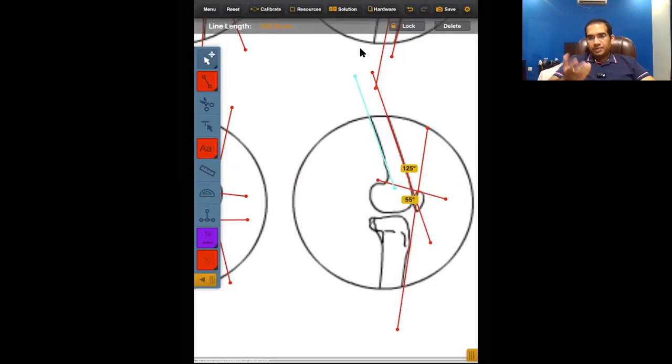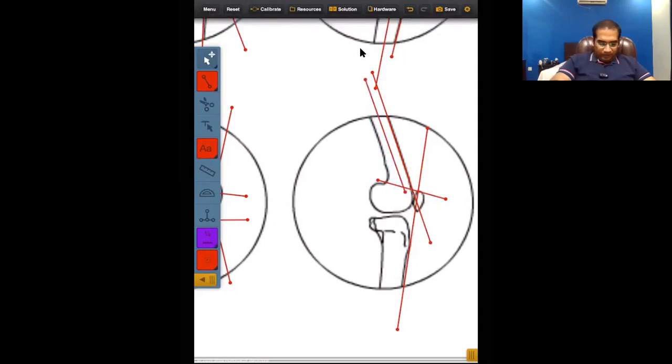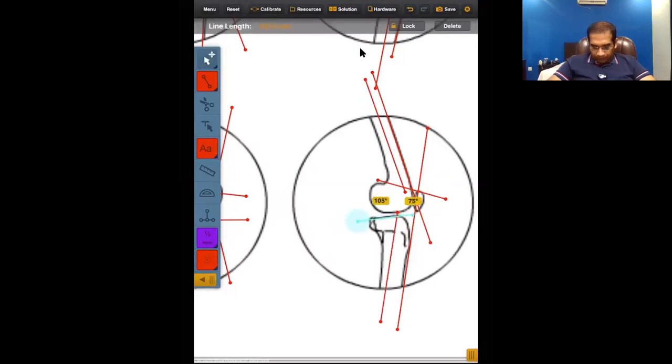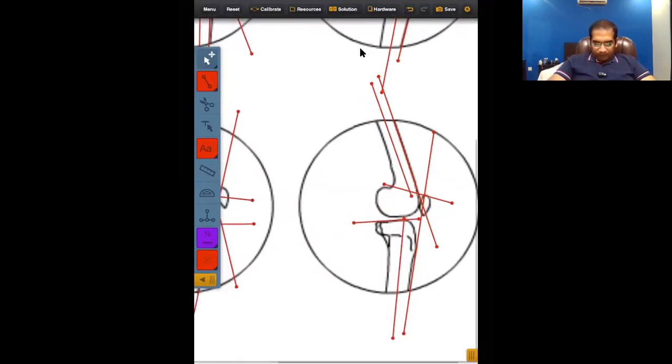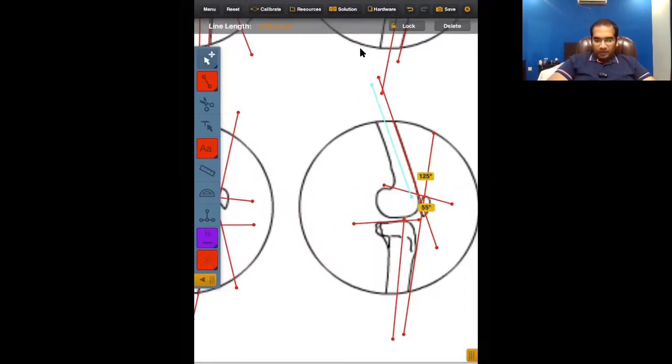There is an extreme degree of procurvatum in the femur, the femoral condyle. Well, over here, it is 81 degrees. So again, the culprit over here is the femoral condyle.